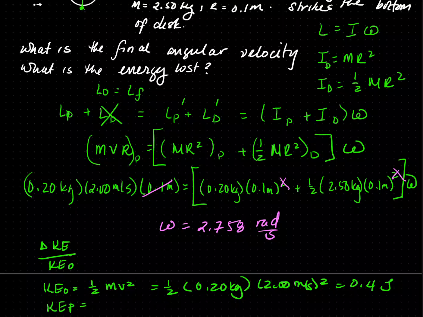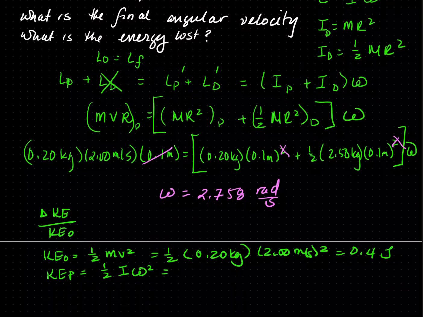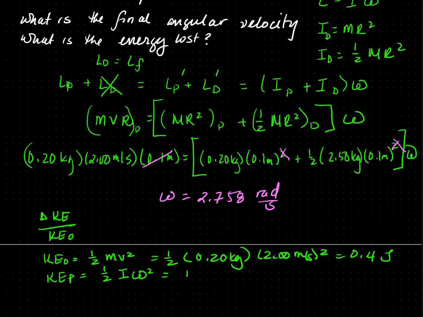My KE final will have rotational, so it's going to be 1/2 I omega squared, which is equal to 1/2. Remember, I is going to be I of the particle plus I of the disk because they are together, times omega squared.